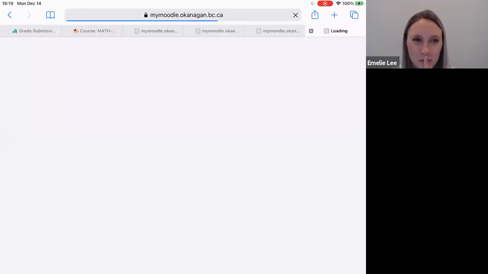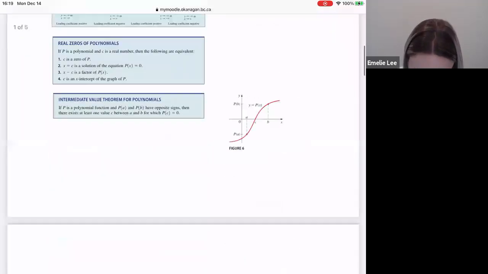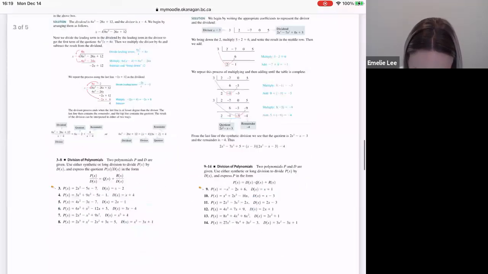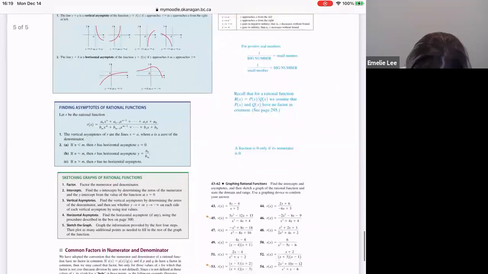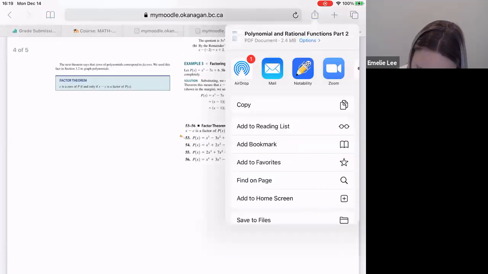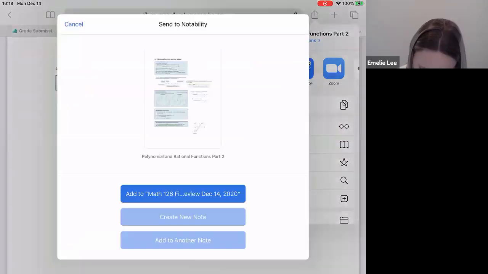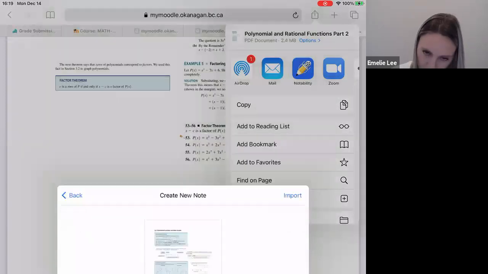Slowly but surely get there. 3.2, 3.3, 3.6. Just to have them, let's bring them in.